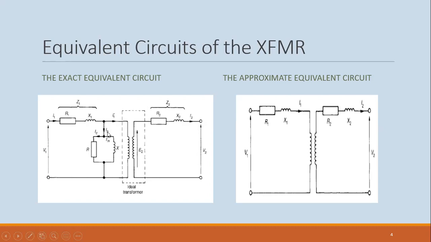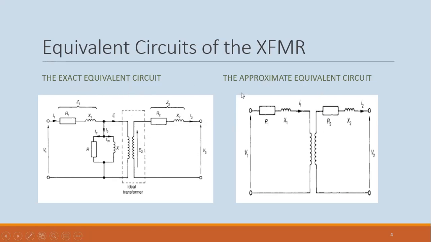And then you have the no load current, which, once the transformer becomes energized, whether load is on it or not, the core will be drawing to supply the core losses and the magnetizing current. All right. In dotted line here, you have the ideal transformer, which you would have been used to from high school days. And on the secondary, we have the secondary winding with resistance and reactance also. So that's the exact equivalent.